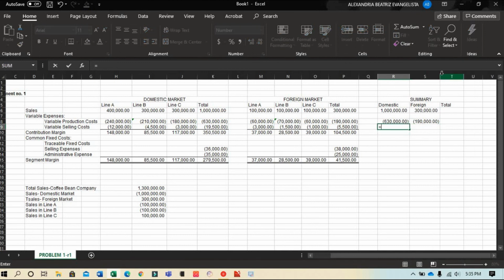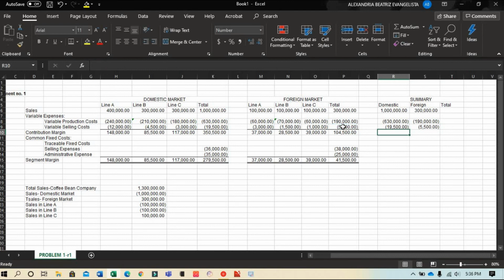And then a total of $19,500 variable selling costs under the domestic market, and a total of $5,500 variable selling costs under the foreign market.